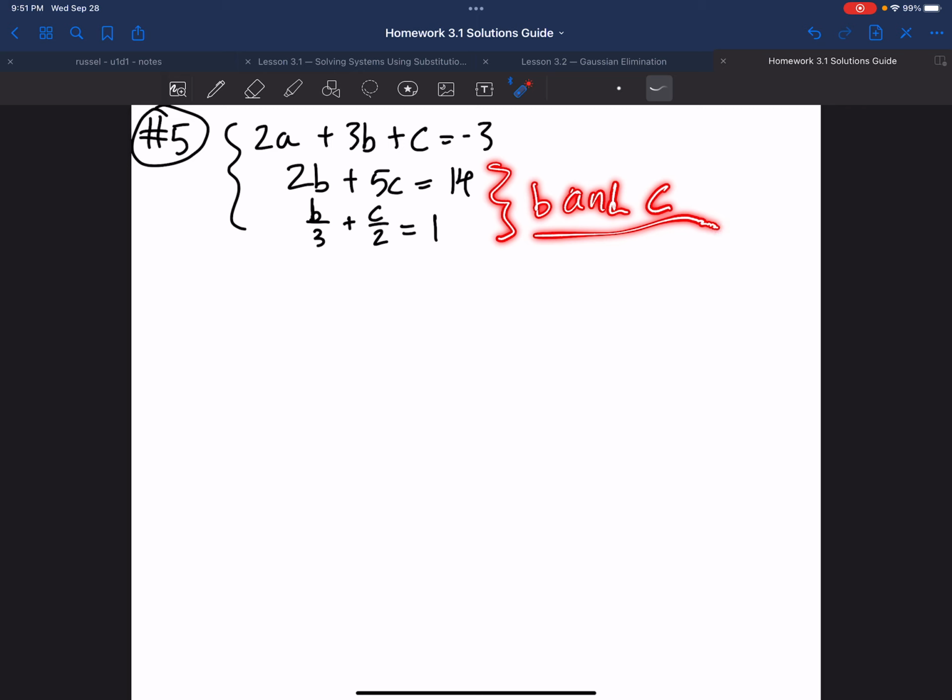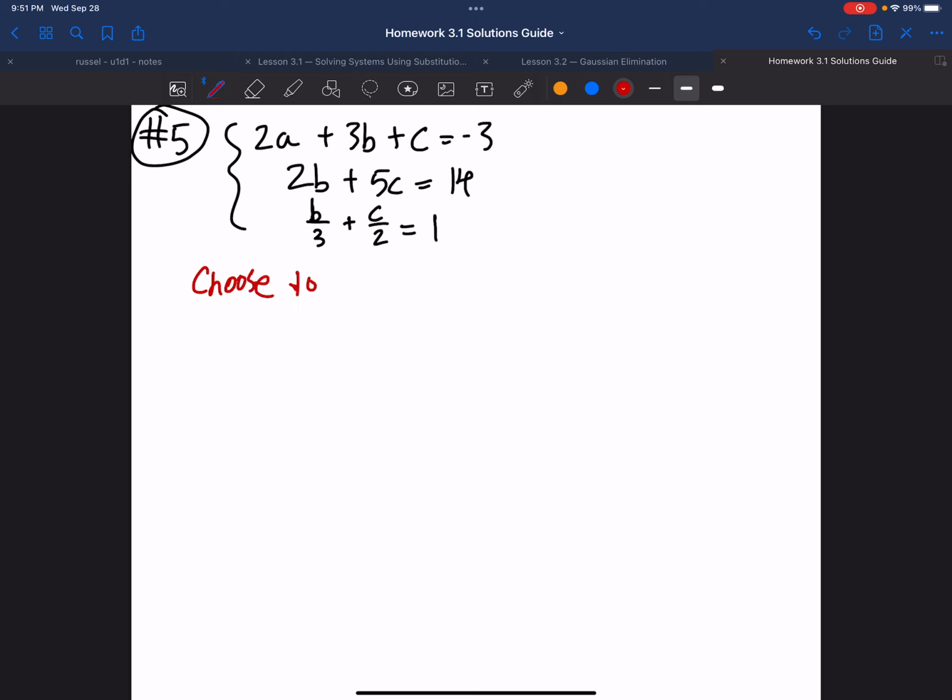You can solve this 2 by 2 using regular old substitution. Worry about this third equation once you found what B and C are. Okay? So pick a B or pick a C. It does not matter. I'm going to choose to solve for B.